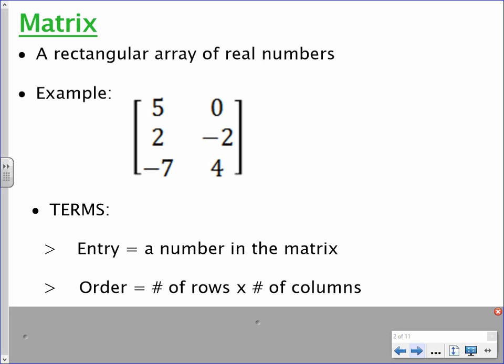How many rows do we have in this matrix? We have 3 rows. Gabe, how many columns do we have? 2. Okay, since we have 3 rows and 2 columns, then we say that the order of this matrix is a 3 by 2. This is a 3 by 2 matrix.